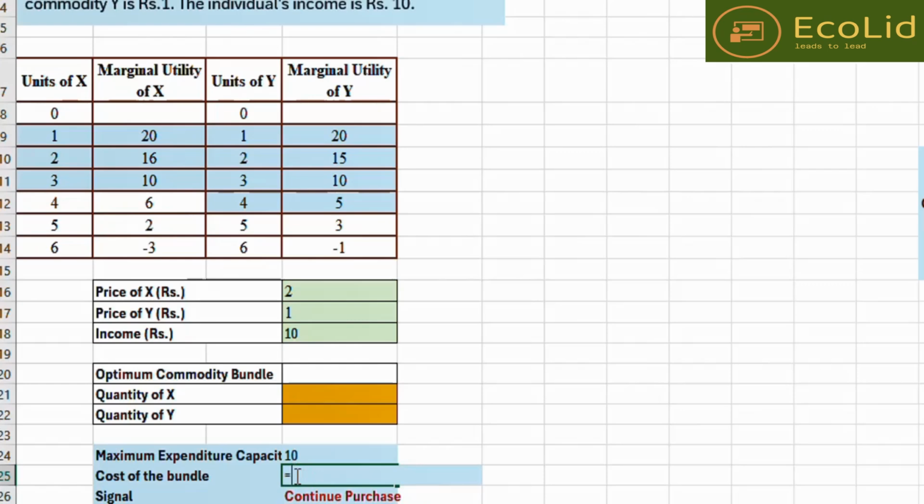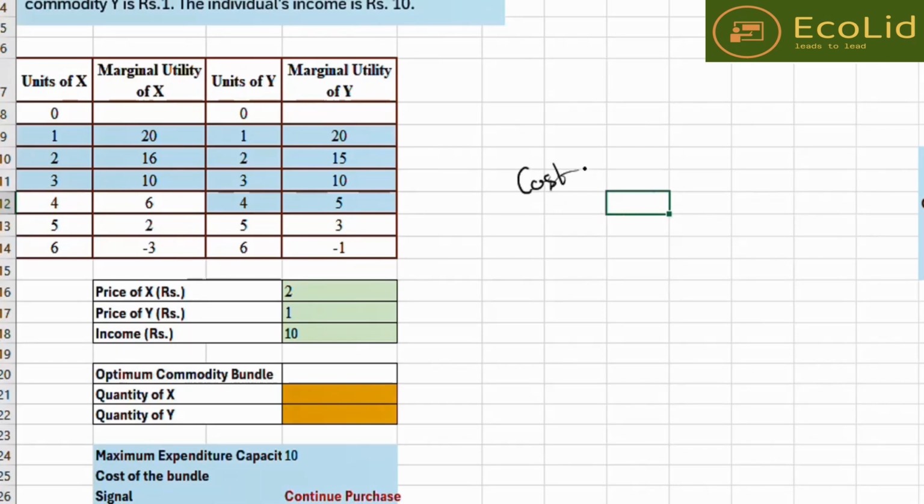But how will we calculate this 10 when we are calculating the cost? Cost is nothing but the price. Cost of this bundle is what?